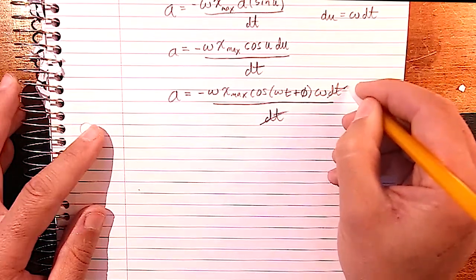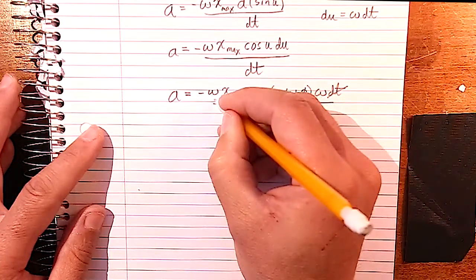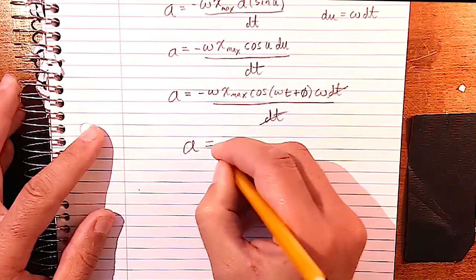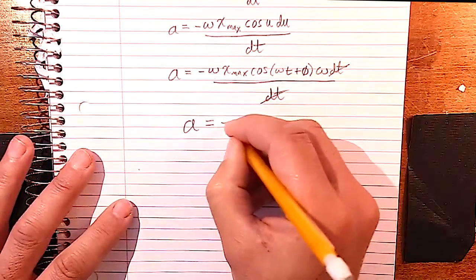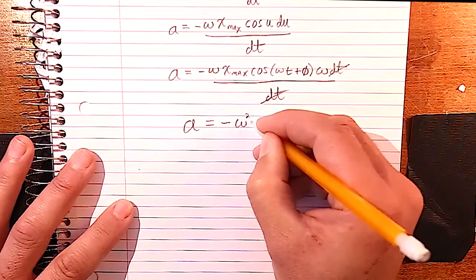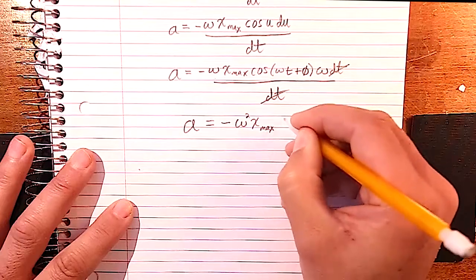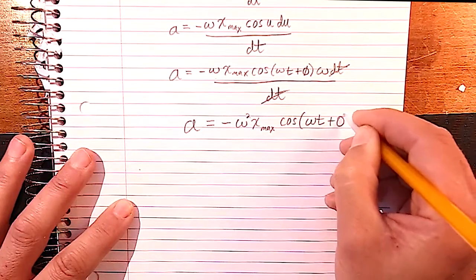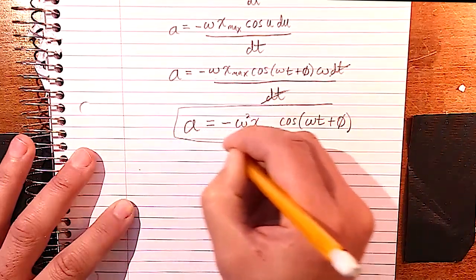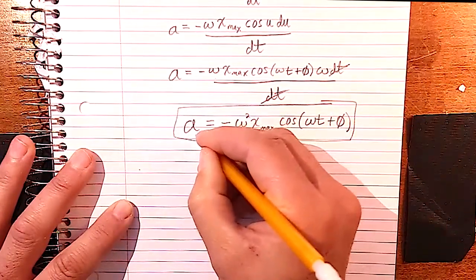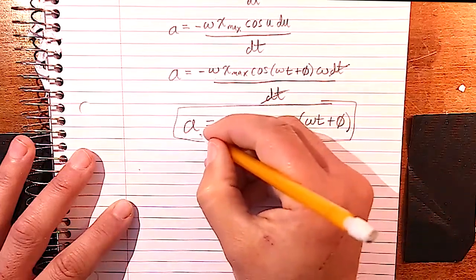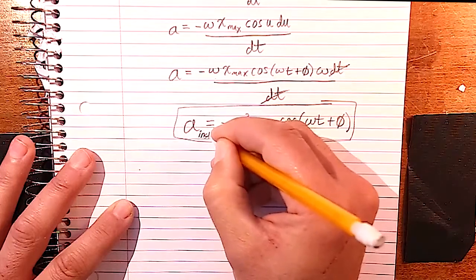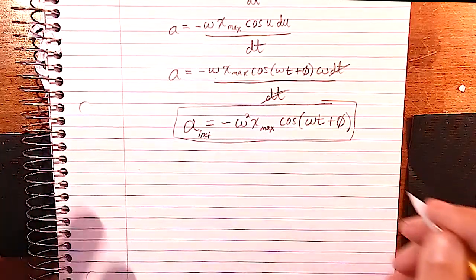So our dt's will cancel. We can bring our omega over here to become omega squared, and that's our formula for acceleration. This is going to be negative omega squared x max times cosine of omega t plus phi. Once again, we have a formula, like before, to find the acceleration at any time t. They rarely write it this way, but I like to think of this as the acceleration at any moment t.